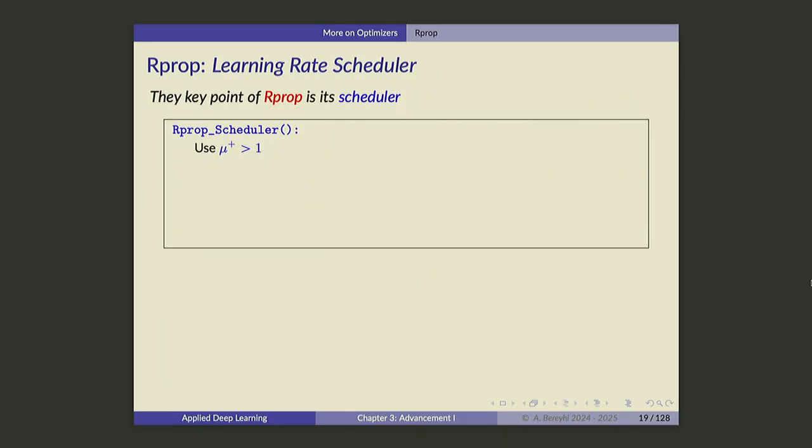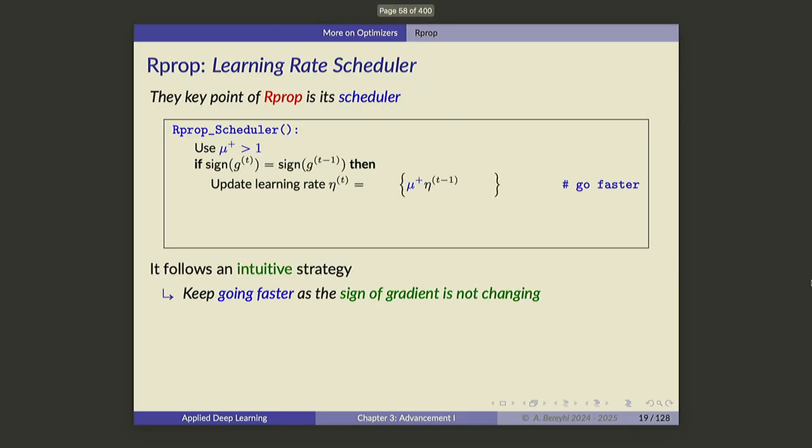The scheduler works like this. So you have some positive mu plus, which is more than 1. So if I multiply it with something, it's going to increase the amplitude of that thing, right? Now, you start from one basic learning rate, and you keep on going. Now, one thing that you see is that the sign of your gradient in this iteration is exactly the same as the sign of gradient in the previous iteration.